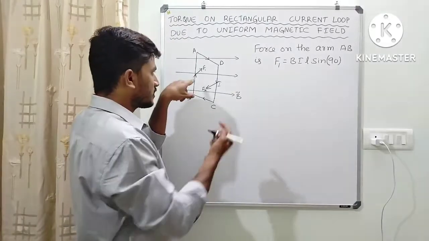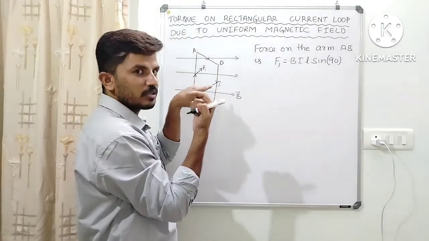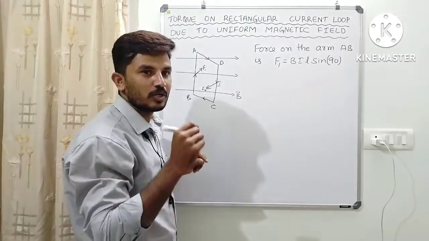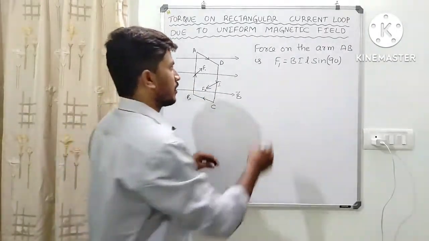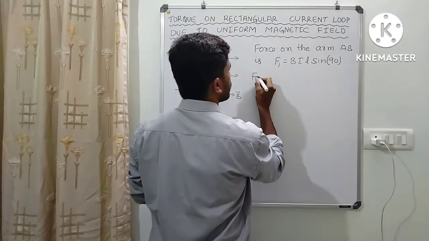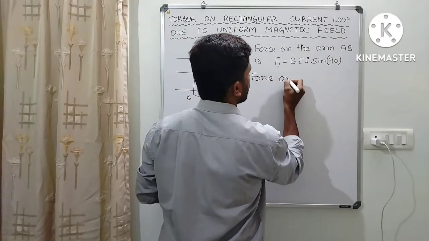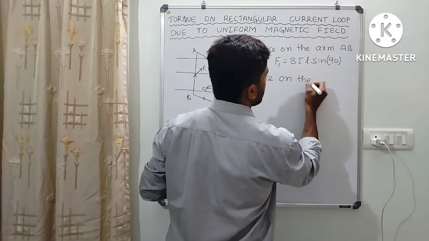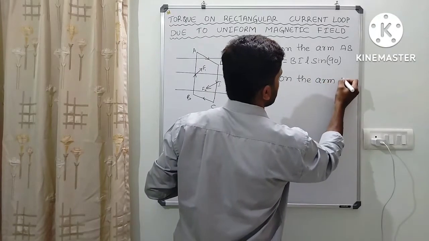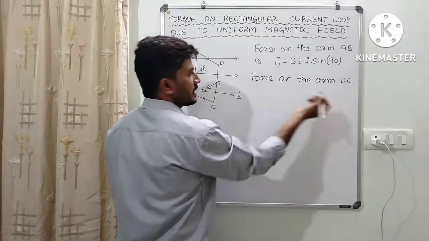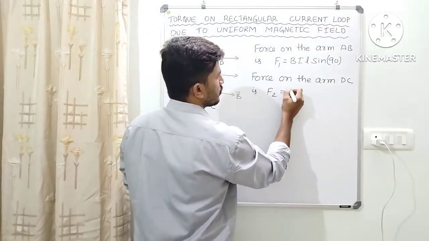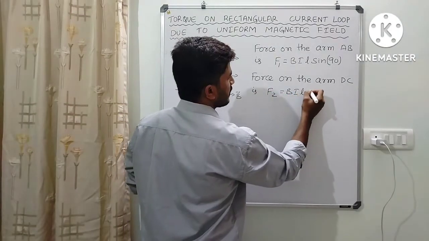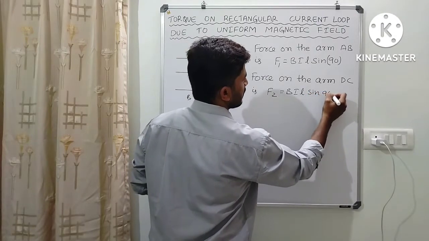So one is inwards and the other one is outwards. So those two forces form a couple. Now the force on the arm DC or CD, F2, is equal to BIL sin 90.